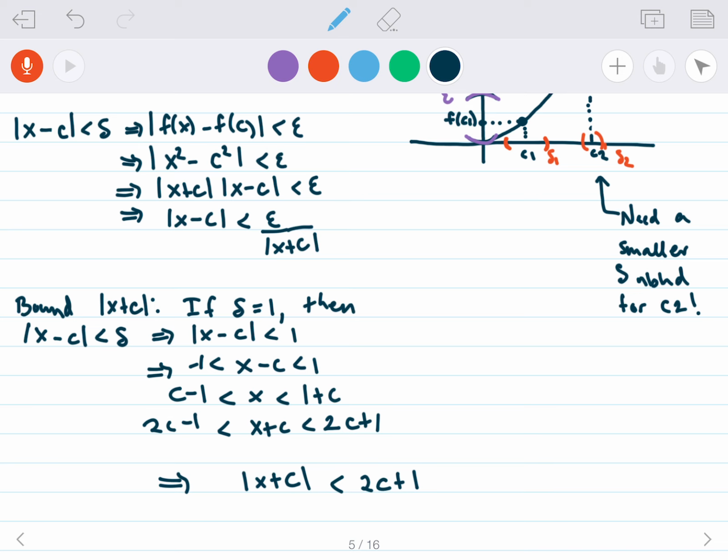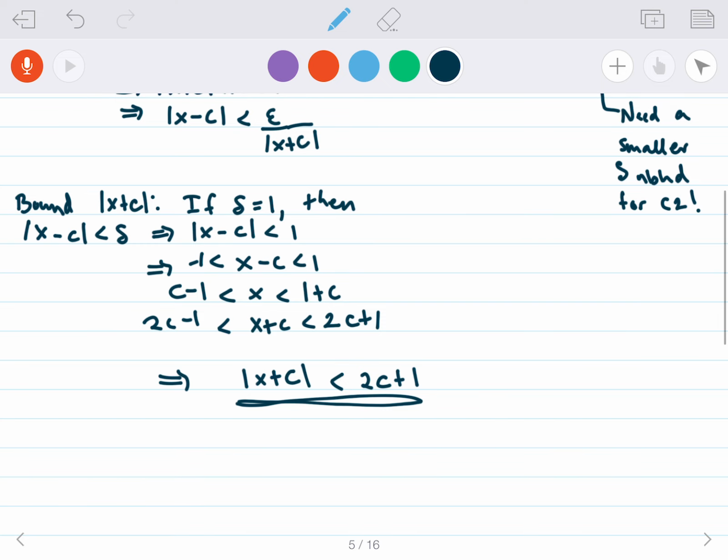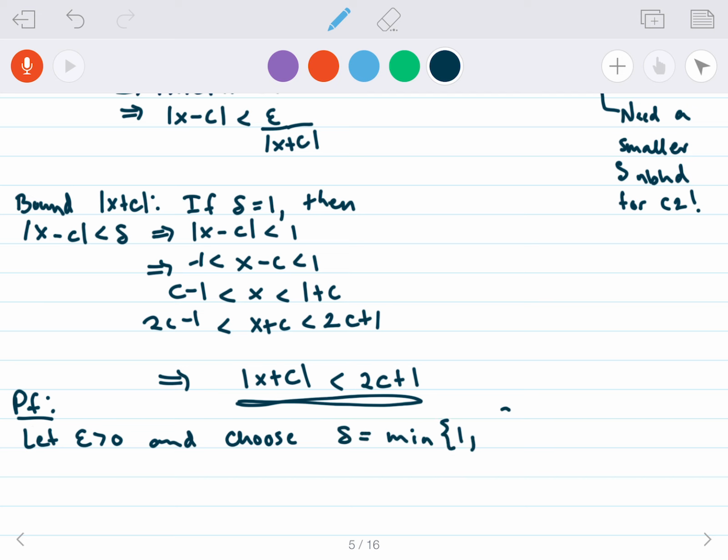Okay? And so this is what I'm going to choose my other delta to be, epsilon over 2c plus 1, to ensure that my delta doesn't depend on x. Okay? So we're going to let epsilon be bigger than 0 and choose delta equal to the minimum of 1 and epsilon over 2c plus 1.